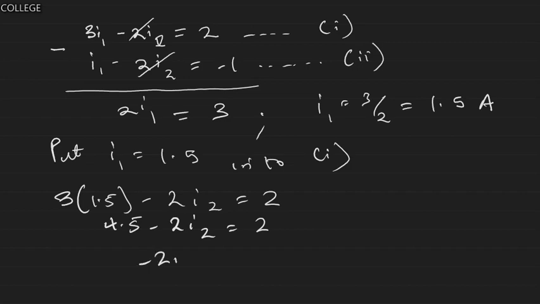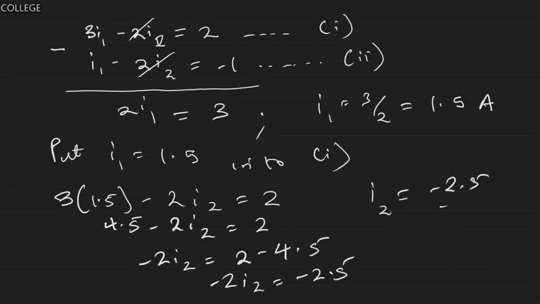We have minus 2i2 equals 2 minus 4.5, minus 2i2 equals minus 2.5. So i2 is simply minus 2.5 over minus 2. We compute this on our calculator. We have i2 to be 1.25 ampere.